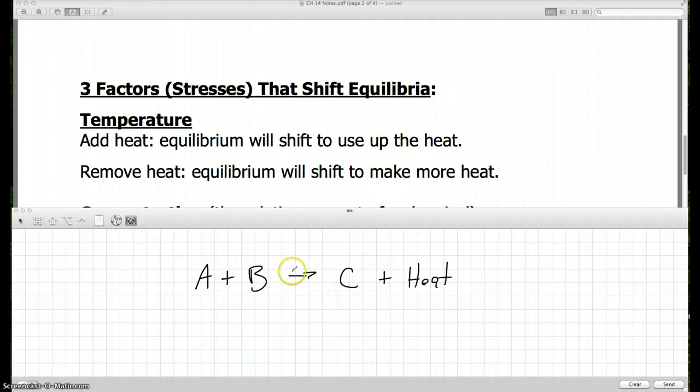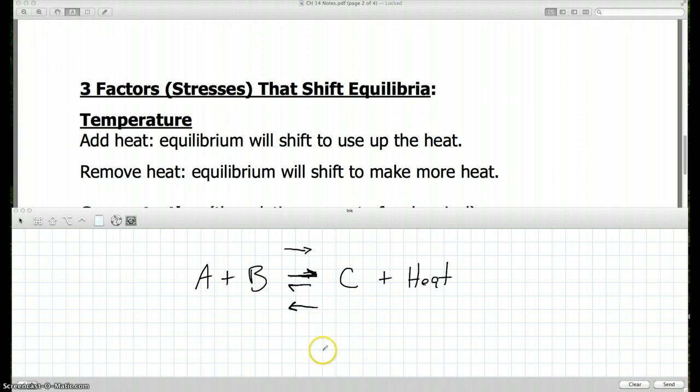Now, if we have this reaction occurring in a container, and then we heat that container up somehow, it's like adding heat, it's raising the temperature, the equilibrium will shift to use up the heat. Now, this is actually a double arrow, if this is at equilibrium. If we think about the forward reaction, it takes A and B and makes C and heat, so it's going to make more heat. The reverse reaction, going back to the reactant side, uses up C and heat to make more A and B. So if I added heat to this reaction, it would want to use up that extra heat we just added.